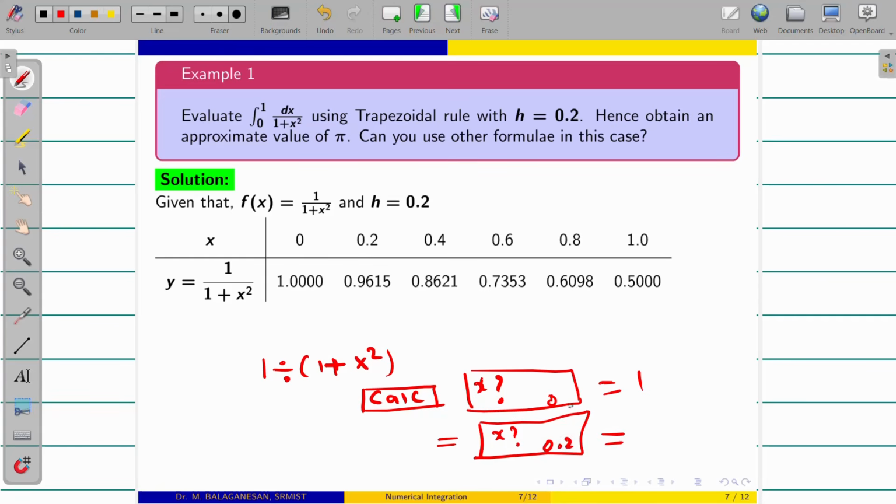If you press equal to again, automatically it will give the answer like 0.9615. It won't give the answer in decimal places as you want, so you have to press the mode button 4 or 5 times. The fix option will be there. If you press that, it will show you 0 to 9.